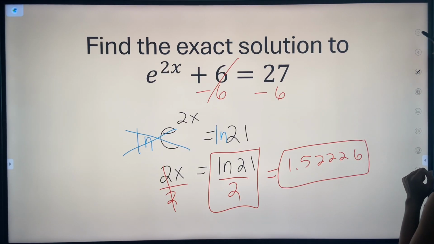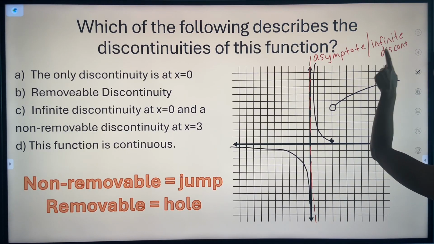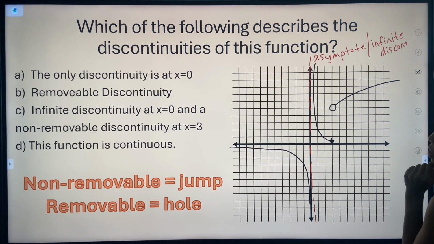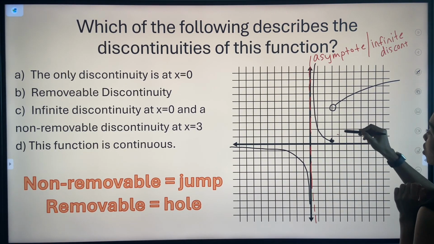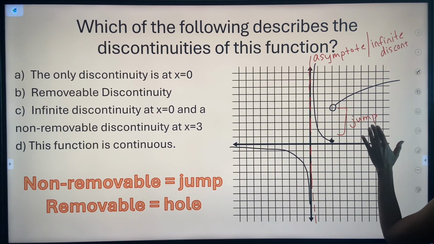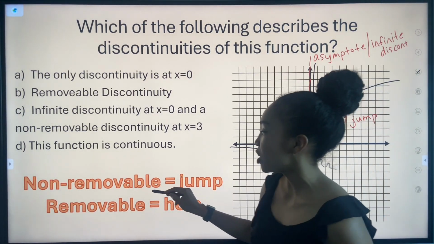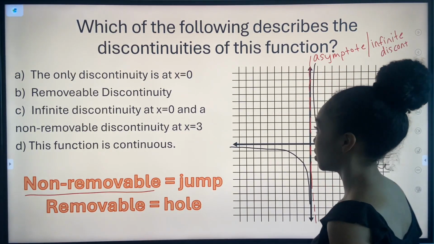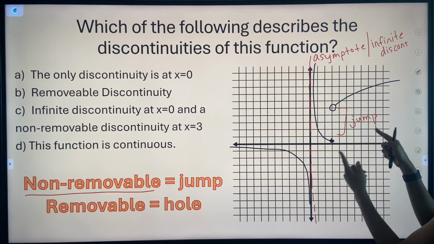This right here is called a jump. A jump discontinuity is also called a non-removable discontinuity. So there are two types of discontinuities in this graph.